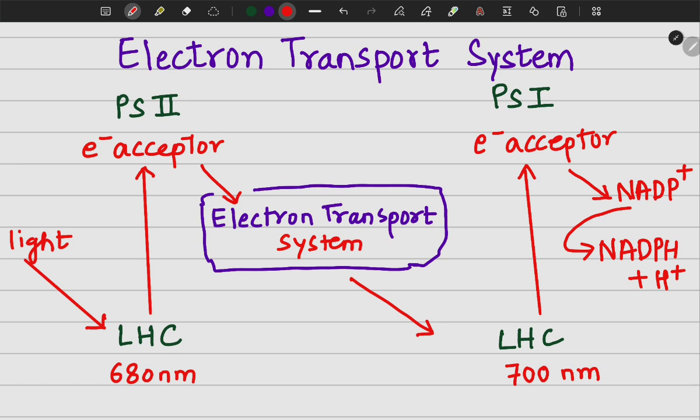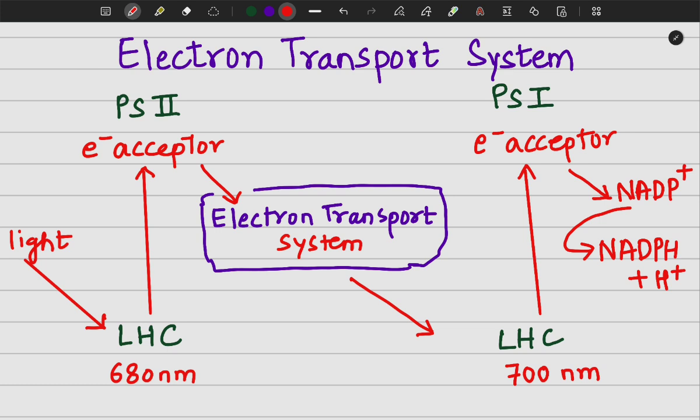So this constitutes the electron transport system. It is nothing but the sequence of the flow of electrons once they are excited by the incident light. It starts from photosystem 2.